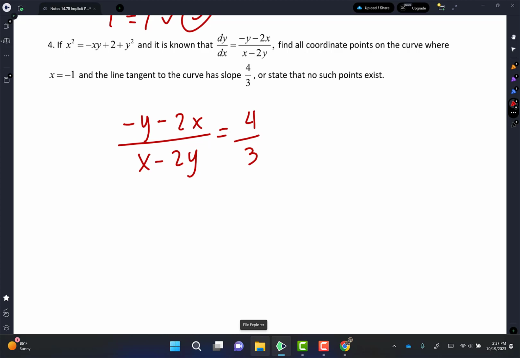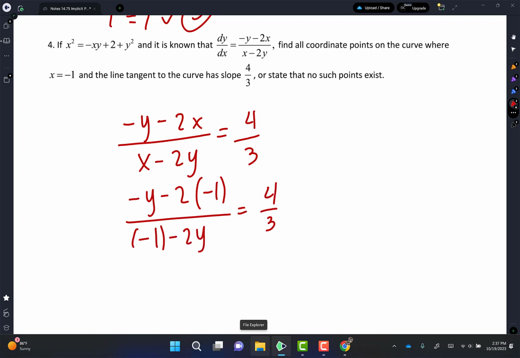Yeah, explain it. Okay, so if that's the derivative of the tangent line and we know that it has a slope of 4/3, that means that they're equal to each other. So then after you set it equal, you just plug it in, right? You plug in your x and solve for the y. So negative y minus 2 times negative 1 over negative 1 minus 2y equals 4/3.